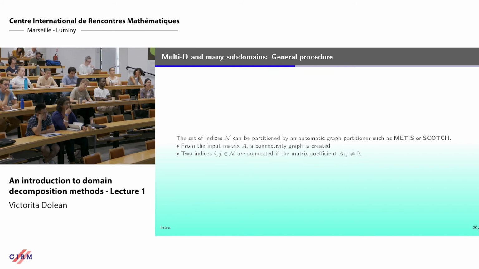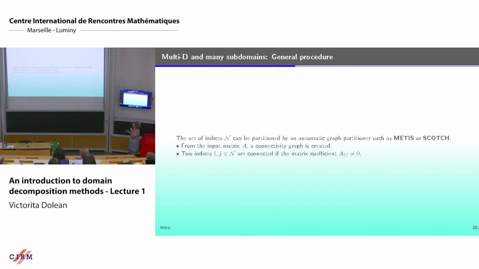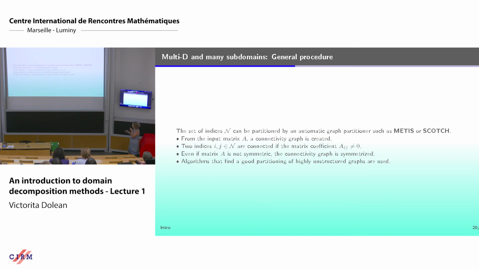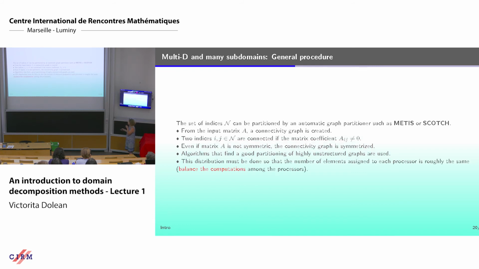This will create a connectivity graph for a given matrix. Obviously, 2 indices are connected if the matrix coefficient is non-zero. Even if it's not symmetric, the connectivity graph will be symmetrized. And you have an algorithm that will find a good partitioning even of highly unstructured meshes, right?